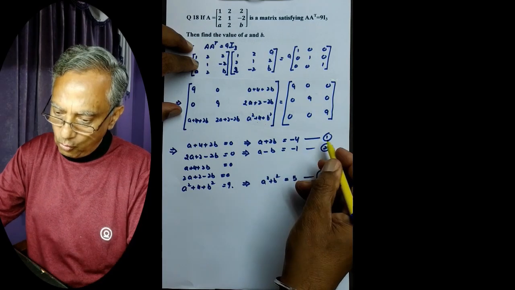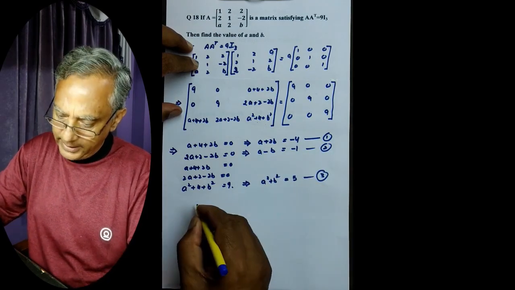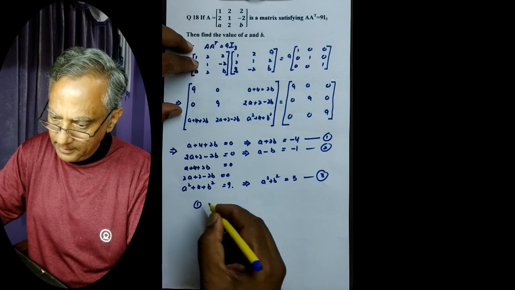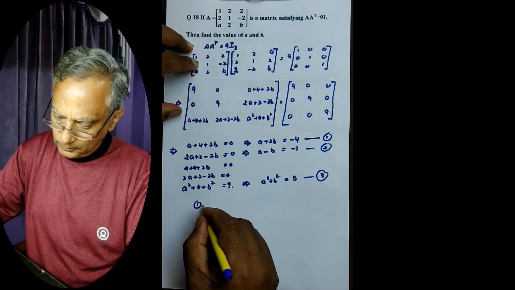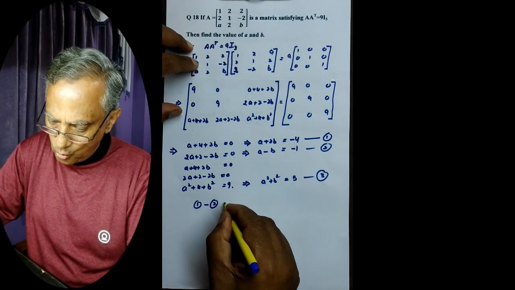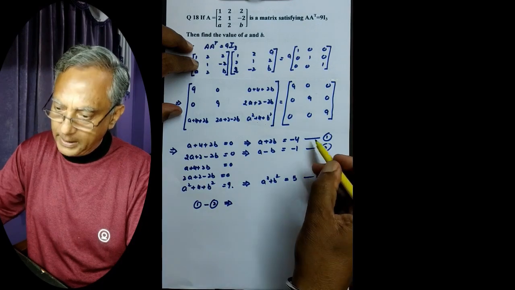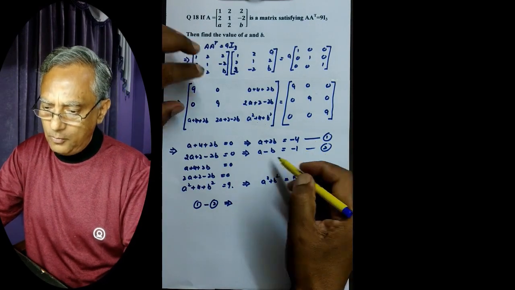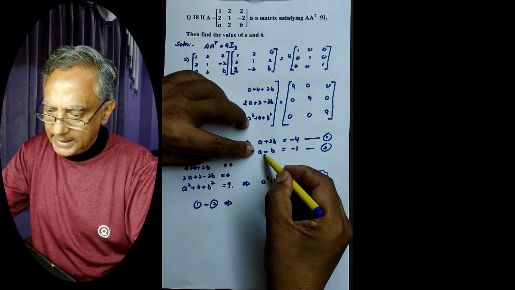So from 1 and 2, what we get is 1 minus 2. 1 minus 2 implies subtract 2 from 1. These two cancel and this will be plus.